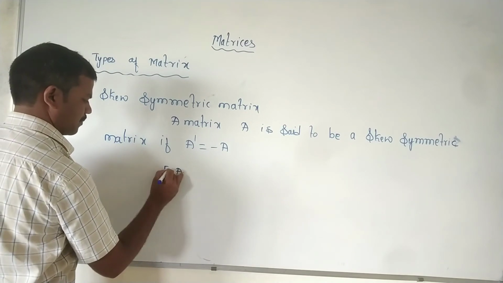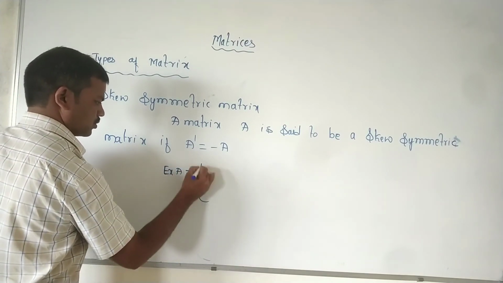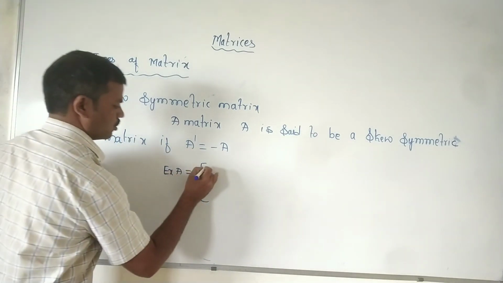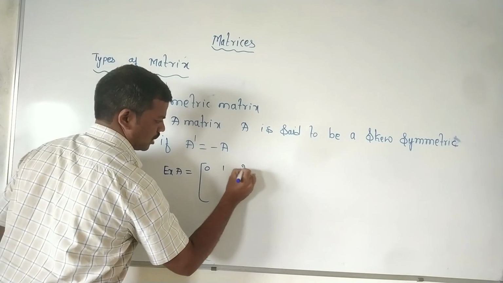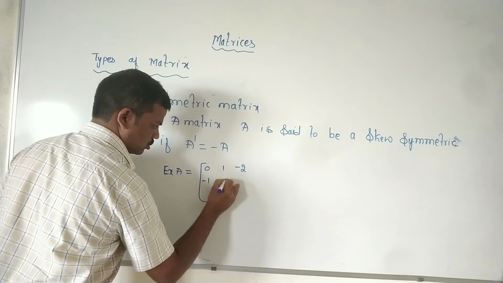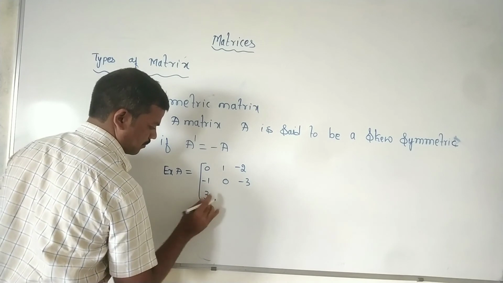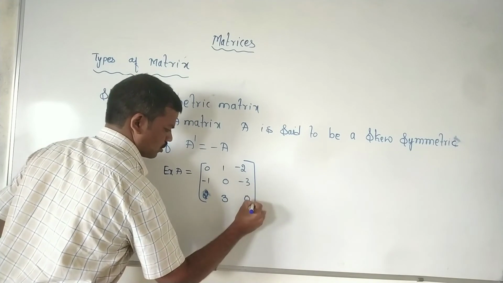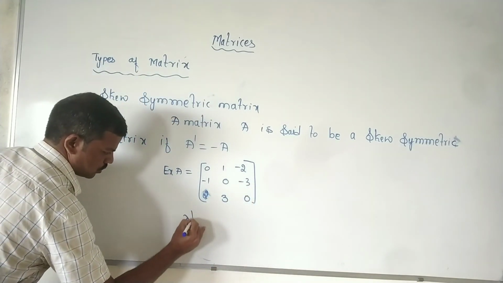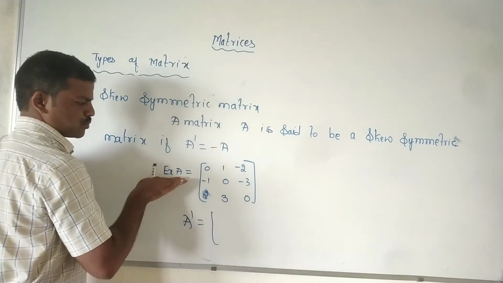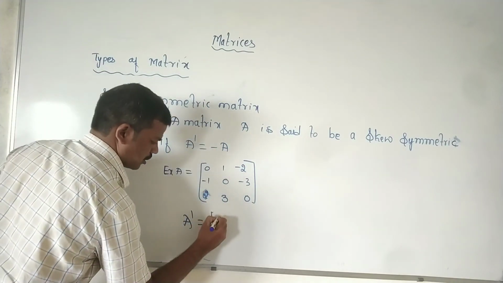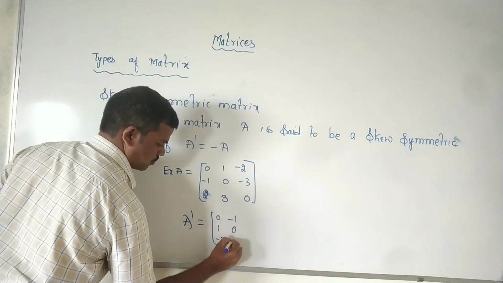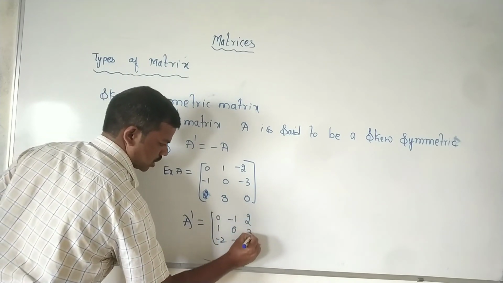A matrix A is equal to, you must know that the diagonal elements are only 0: 0 1 -2, -1 0 3, 2 -3 0.